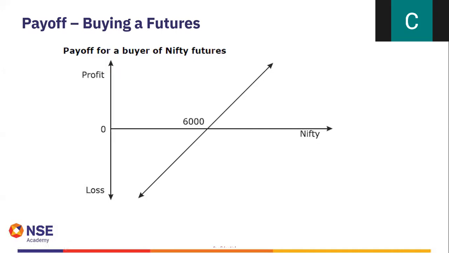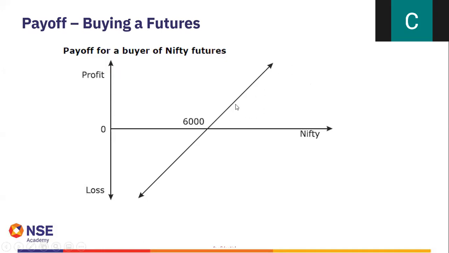Generally when we buy something and that price increases, we'll be making money. So here, when I bought this contract at 6,000 value, as and when the Nifty index goes up, I'll be making money. So this particular portion is my profit area.